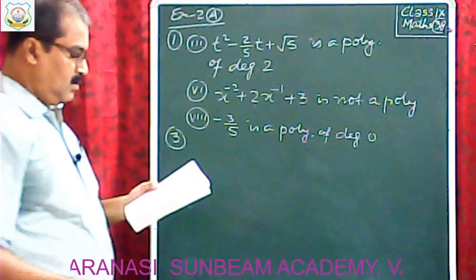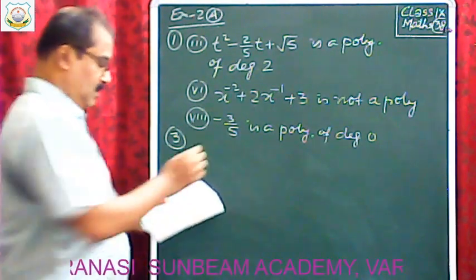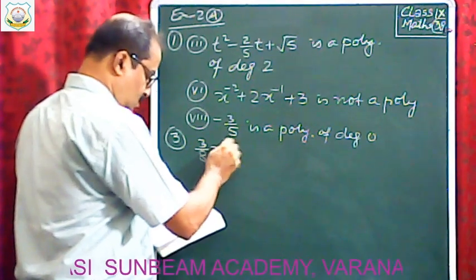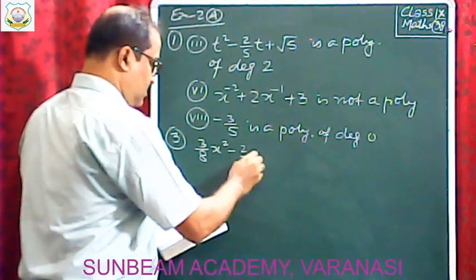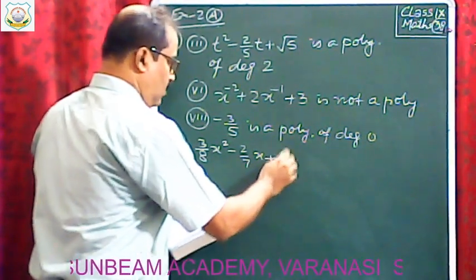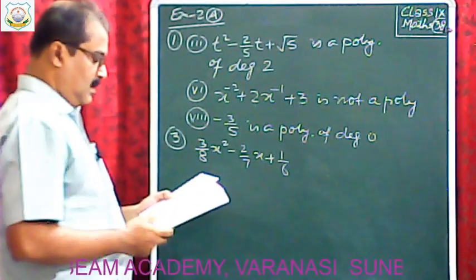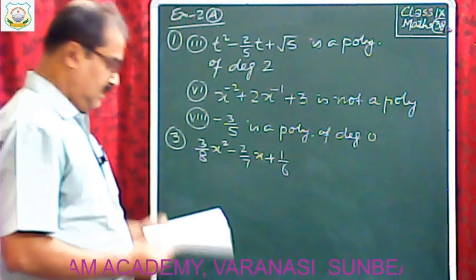Question number 3. Write the coefficient of x in 3 upon 8 x square minus 2 upon 7x plus 1 by 6. You have to write the coefficient of x.